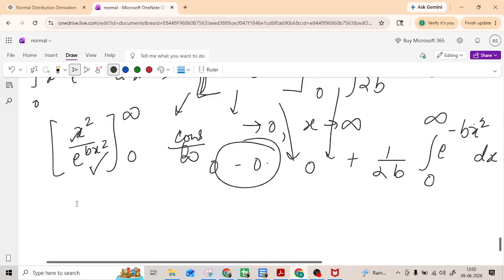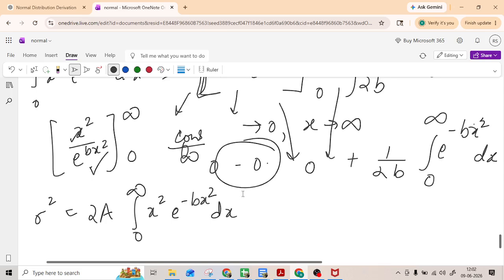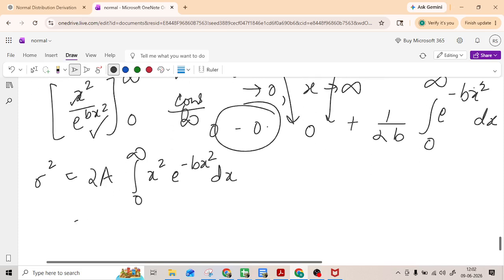All right, so we have sigma square is equal to a times 0 to infinity 2 times x square into e raised to the power minus bx square dx, correct. And then what we found was that this was nothing but 2a into 1 by 2b into the integration of 0 to infinity of e raised to the power minus bx square dx.